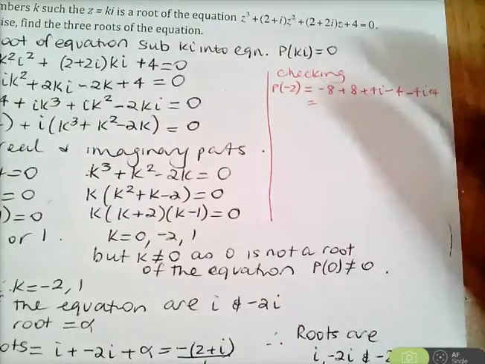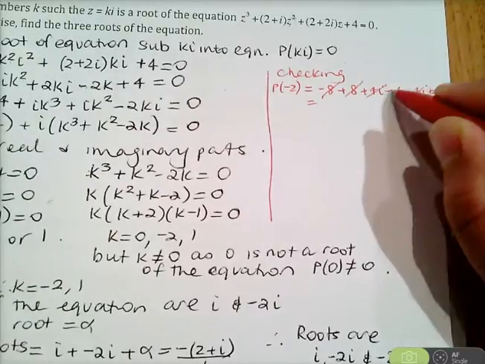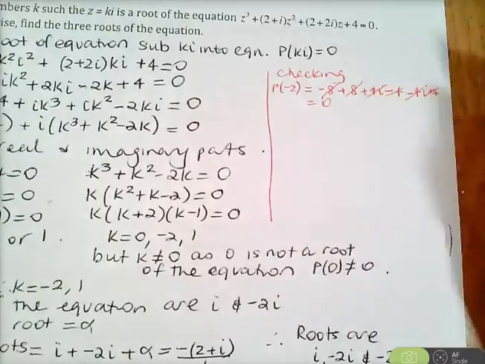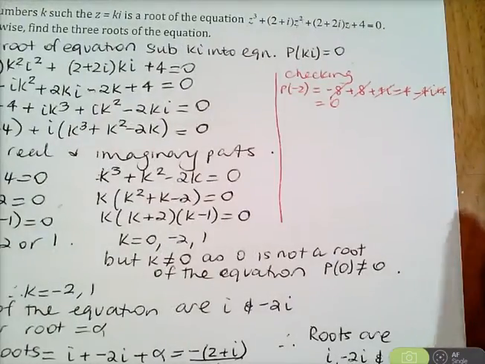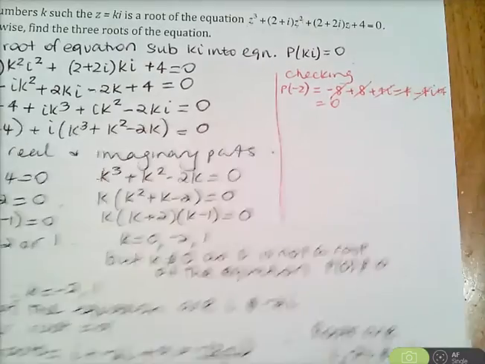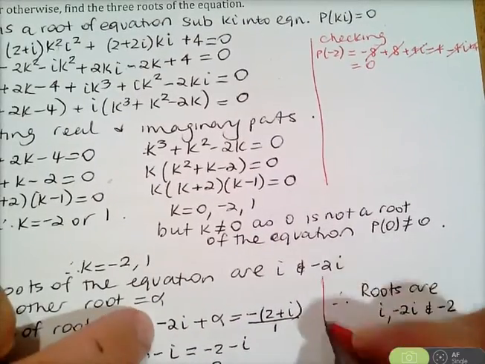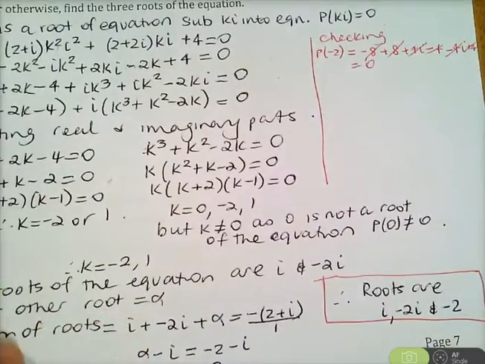And if we look at all this, negative 8 plus 8 cancel, 4i minus 4i cancel, and minus 4 plus 4 cancel. We can see that negative 2 definitely is a root of the equation. And we saw here that the other roots are i and minus 2i. So they're the roots of the equation. That's the end of that question there.